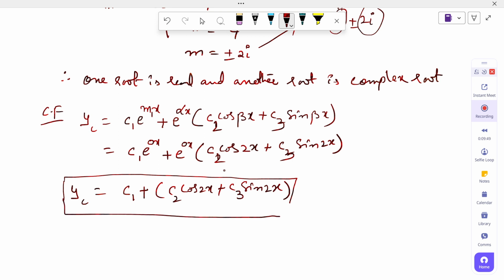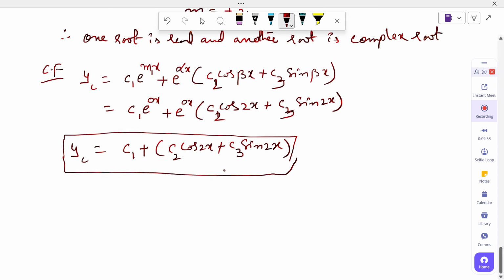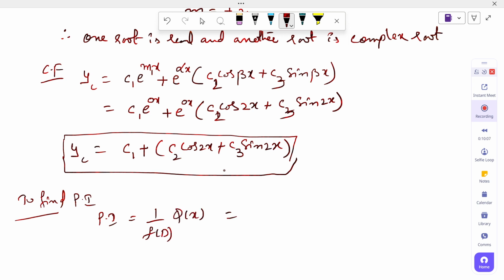Now you have to move to finding the PI. PI is equal to 1 by f of D into Q of x, which is equal to 1 divided by (D cube plus 4D) into sine 2x.